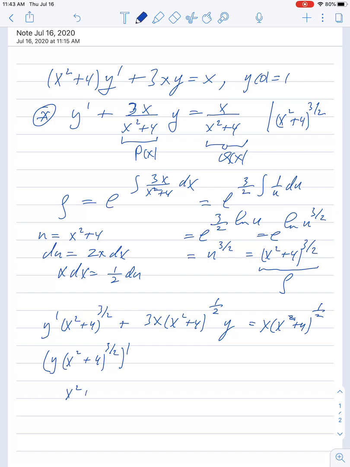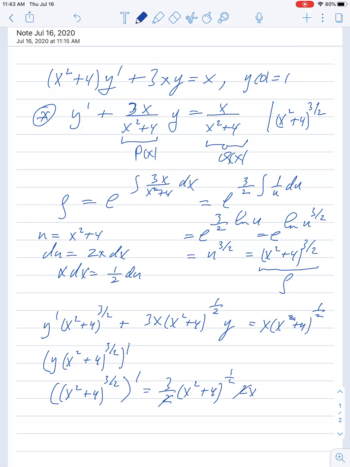This is 3/2 times x squared plus 4, subtract 1 here, 1/2, and by chain rule differentiate inside, you have 2x.